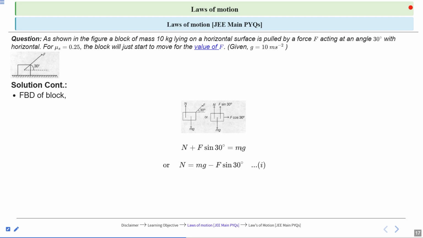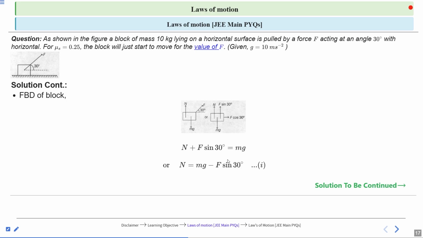Solving this, you will get N equal to mg minus F sin 30 degree, because the question says the force F acts at an angle 30 degree. We consider this equation first.